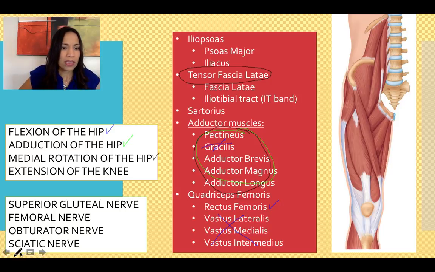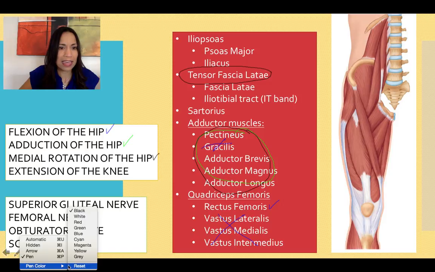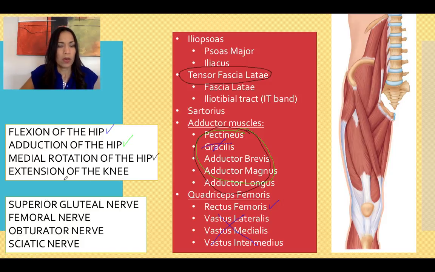What color should I pick? Yellow. What are the muscles that can extend the knee? All the group of the quadriceps femoris muscle, the 4 of them can extend the knee. So see that there are some muscles that have more than one action.